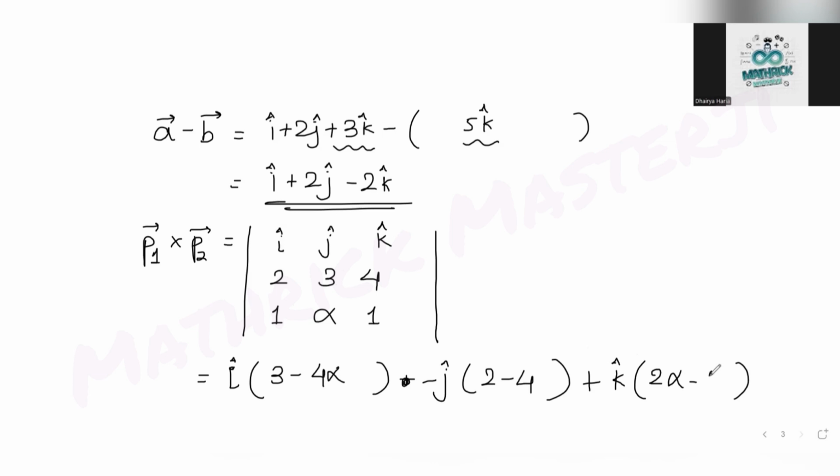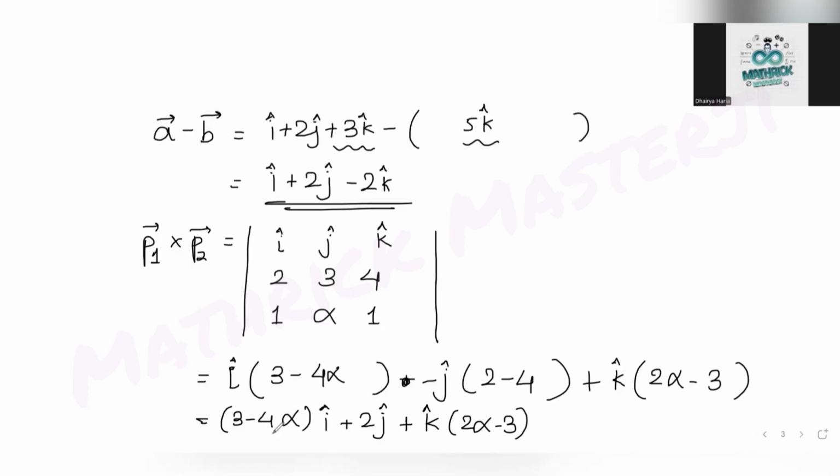So the cross product of the two vectors P1 and P2 becomes (3 minus 4 alpha) i cap, plus 2j, plus (2 alpha minus 3) k cap.